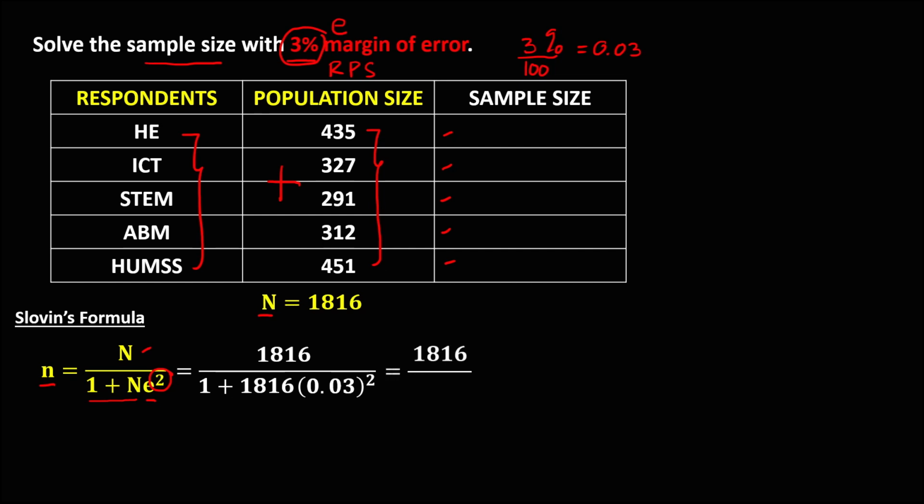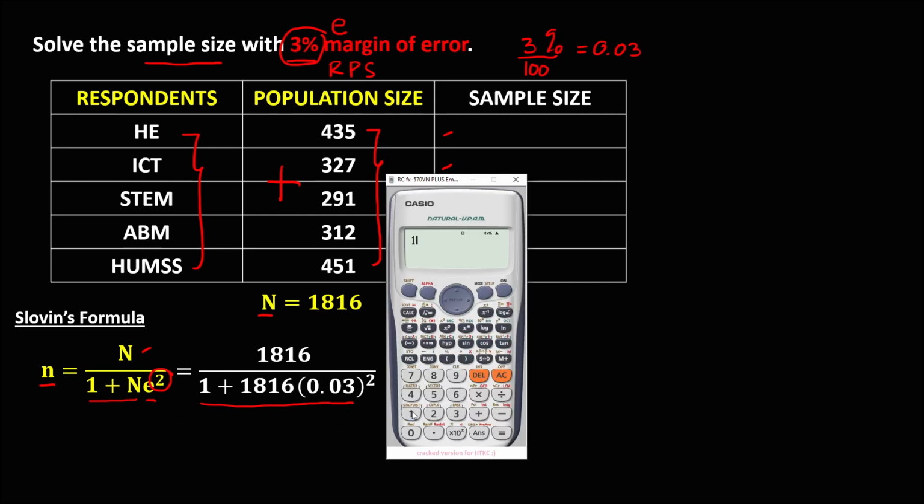Then to simplify, so we have 1816. And for this denominator, so we have 1, then plus 1816, then times 0.03, close parenthesis, then to the power 2 equals, so that's 2.6344.